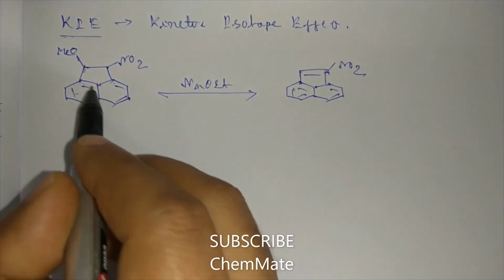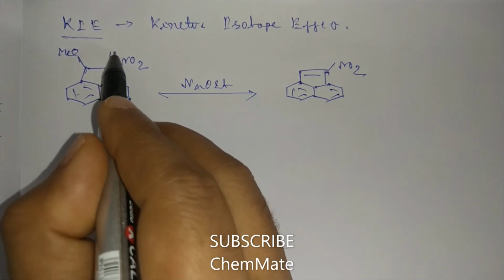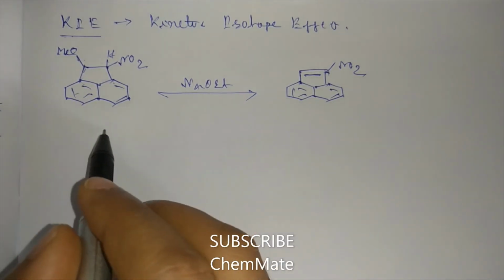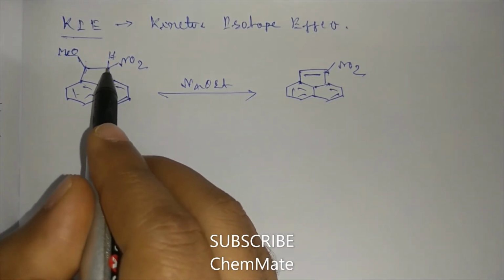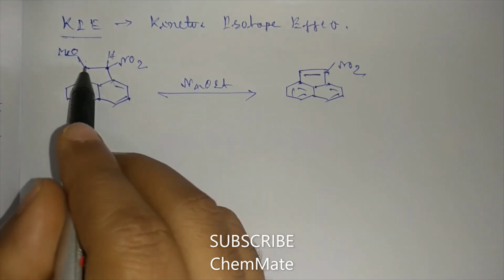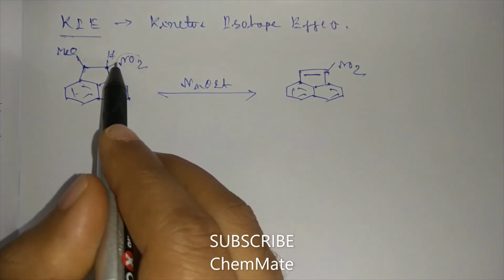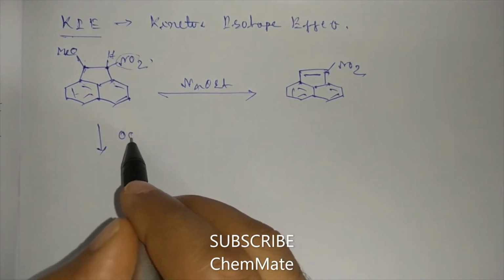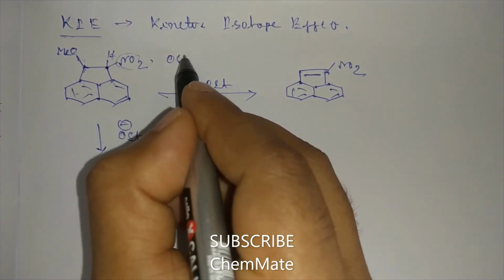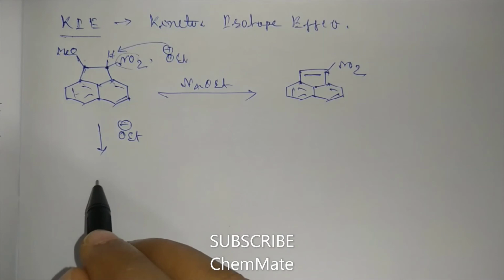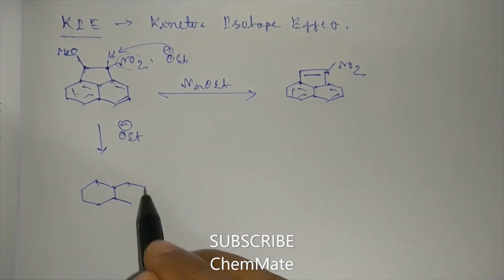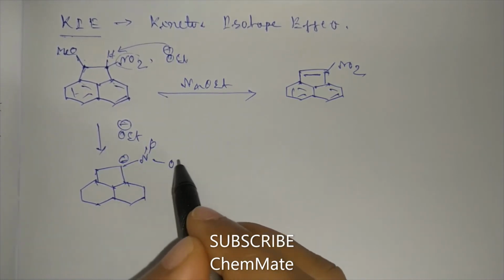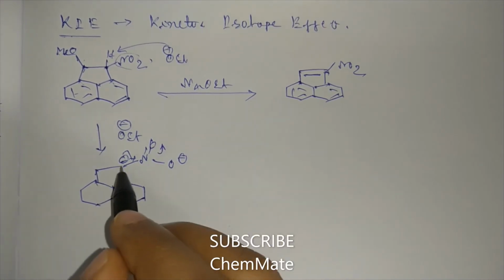So here you can see that this hydrogen and this OMe are eliminating, and here we are getting a double bond. Now this is a 2 degree center, because this carbon is connected with 2 carbons and here one NO2 group is there. So what will happen, if a base is employed, then it will take this proton and the corresponding anion will be formed, which will be stabilized by this nitro group.